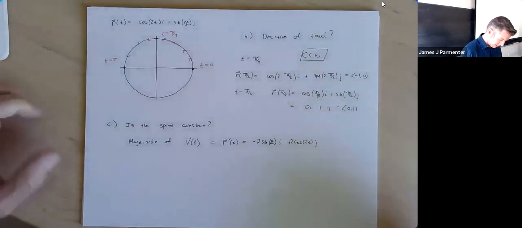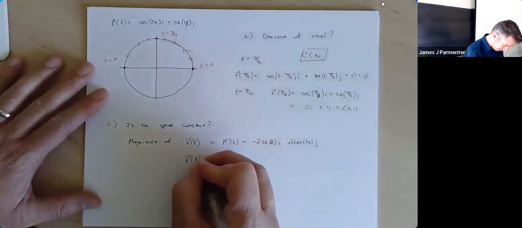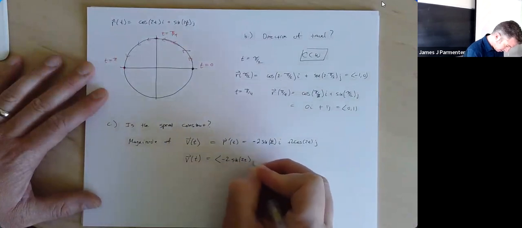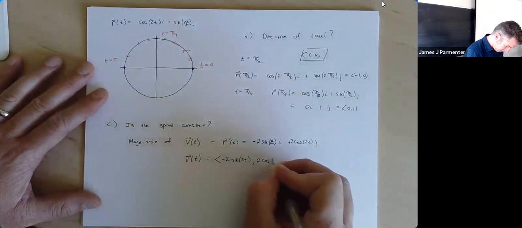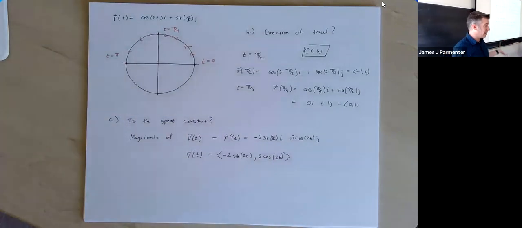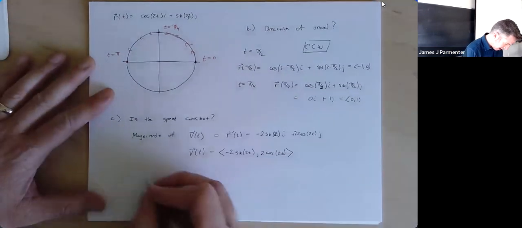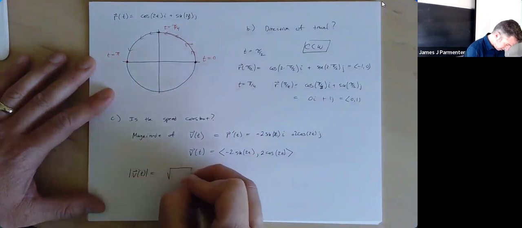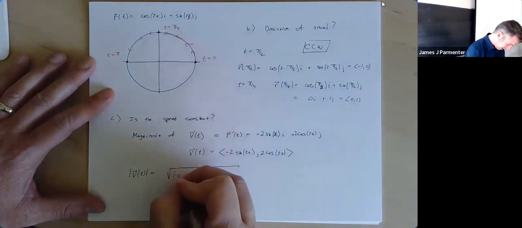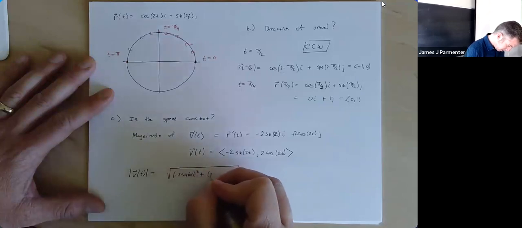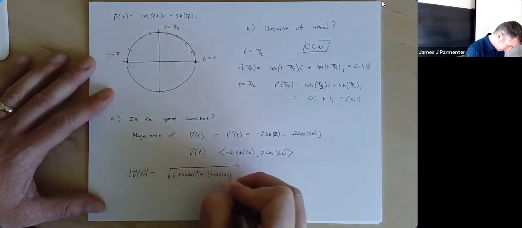So there is our velocity vector. It's -2 sine of 2t, comma, 2 cosine of 2t. And the magnitude of that, we know how to find the magnitude of a vector. You're just taking the square root of the sum of the squares of the components. So the magnitude of the velocity is the square root of (-2 sine of 2t) squared plus (2 cosine of 2t) squared.